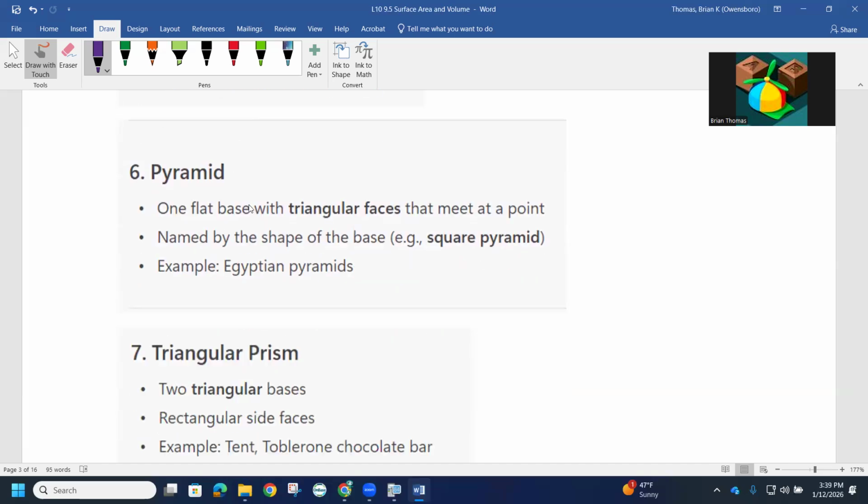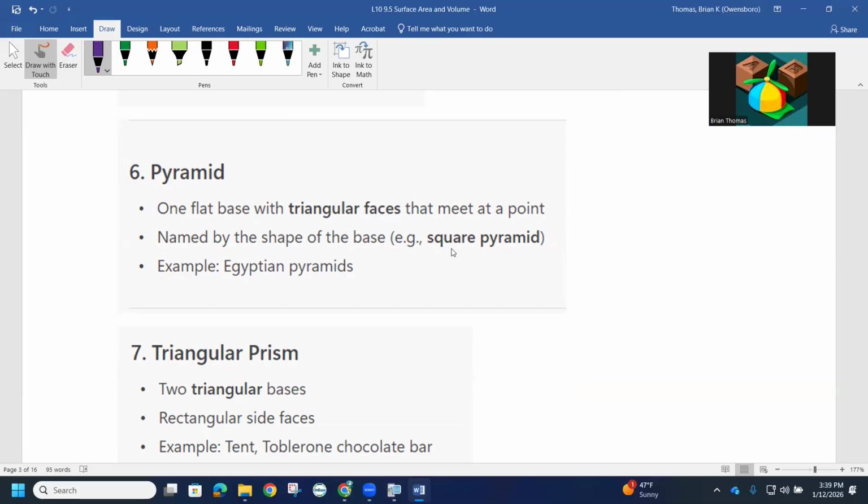A pyramid can get more complex because the base can be triangular or square. Usually the faces themselves are triangular, but there could be many different faces based on the shape of the base.